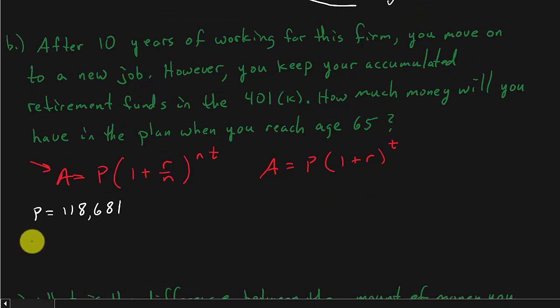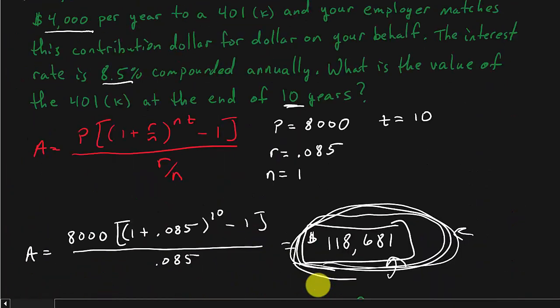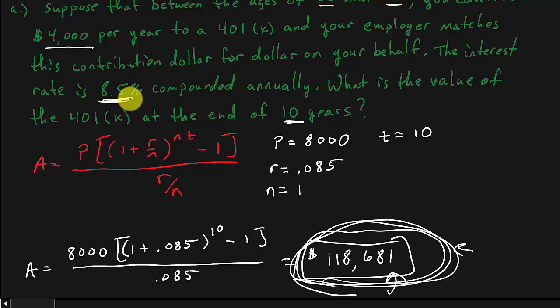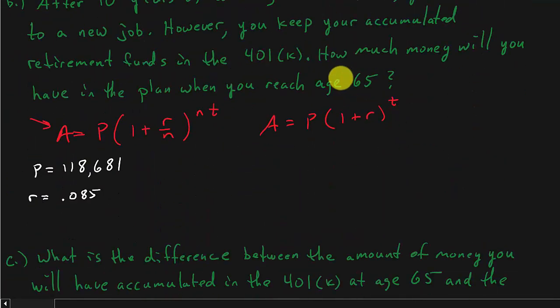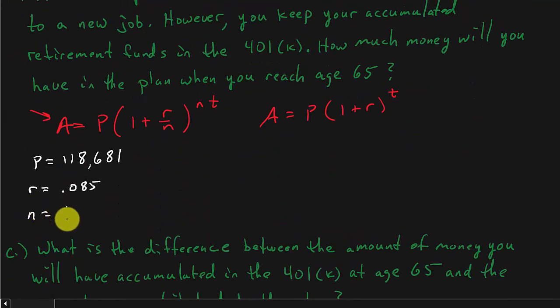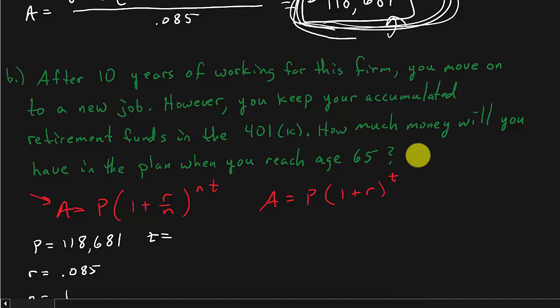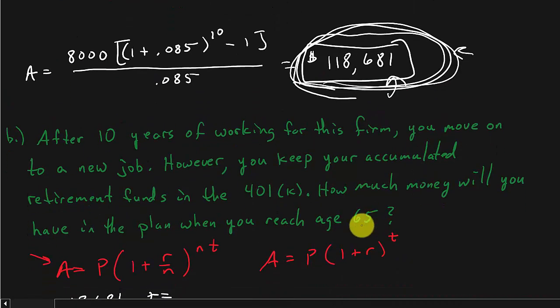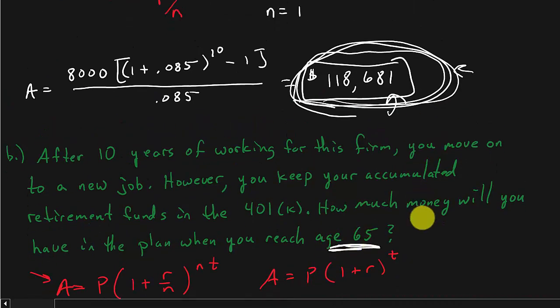And then I need R. R is still the 0.085. I believe that's what it was. Yep, 8.5%. And then I need N. N is 1. And then we need T. All right. So let's see. It's until we reach the age 65.